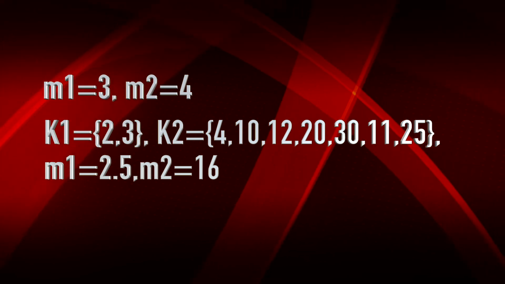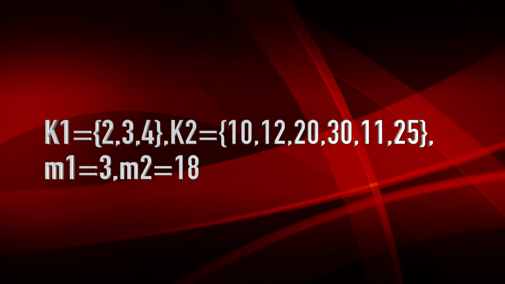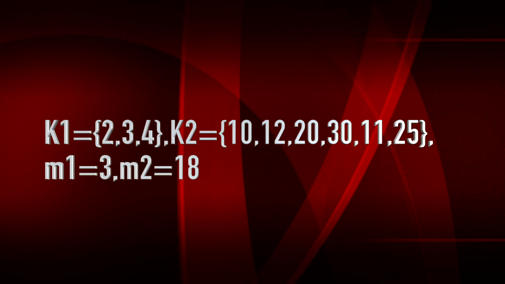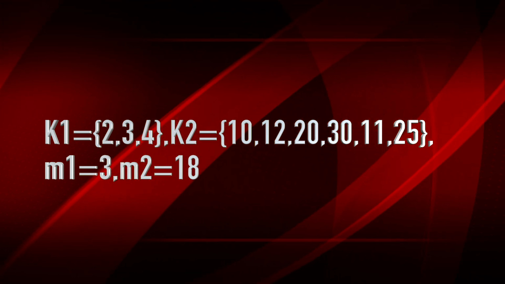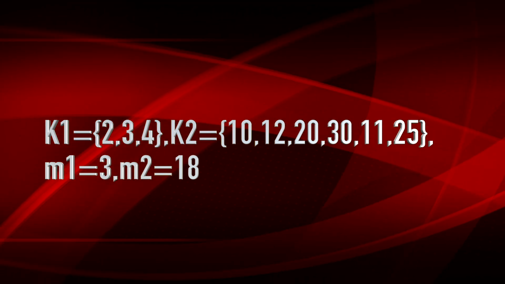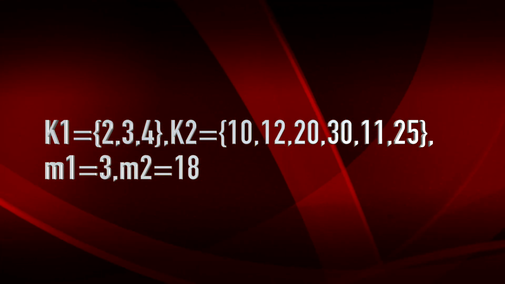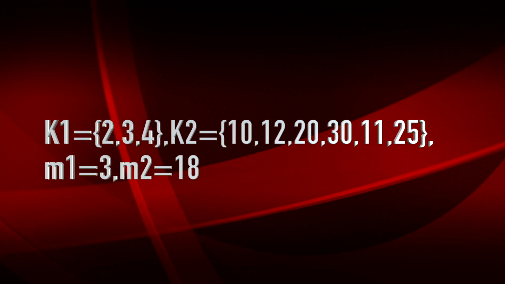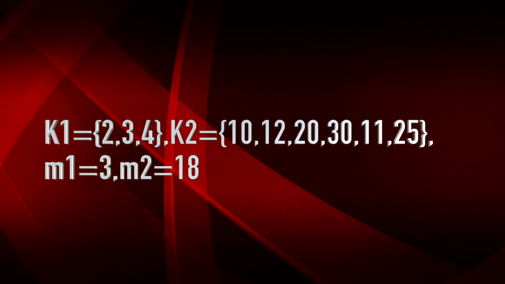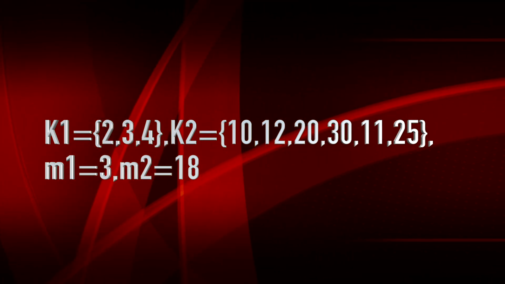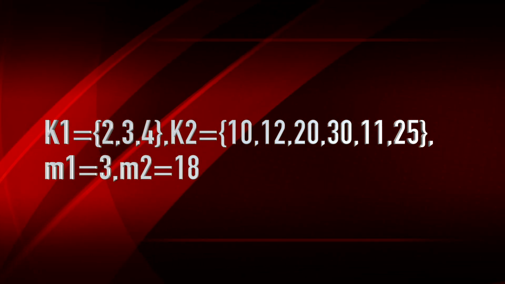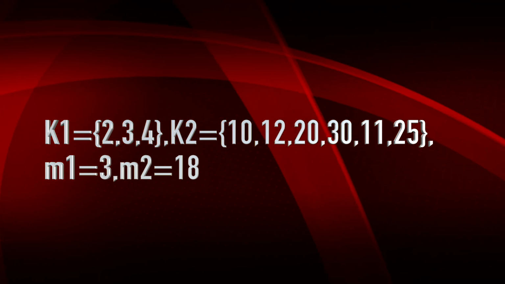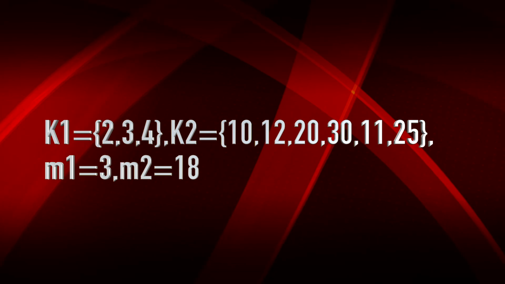The next point 10, 10 is closer to 4, so I shall put it in cluster K2. 12 is closer to 4 than 3, so I put it in cluster K2. 3 is closer to 3, hence I put it in cluster K1. The next point 20 falls under cluster K2 because it is closer to 4. So, also 30, 11 and 25 fall in cluster K2.